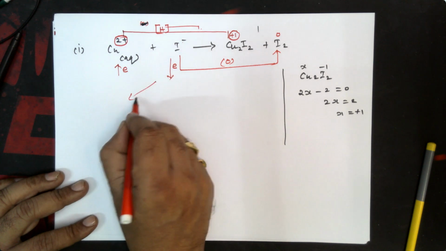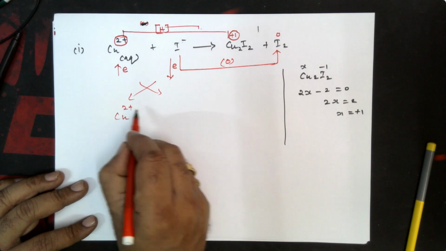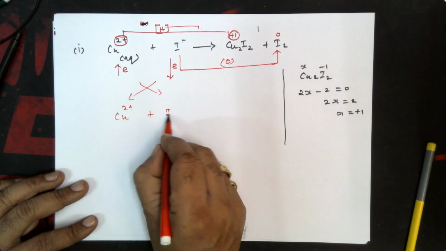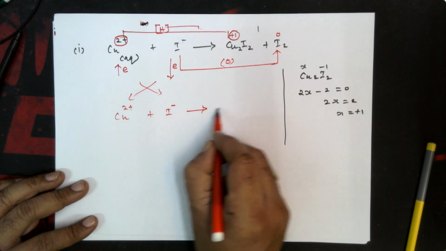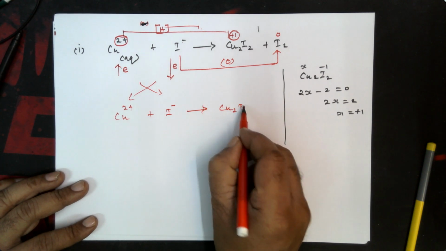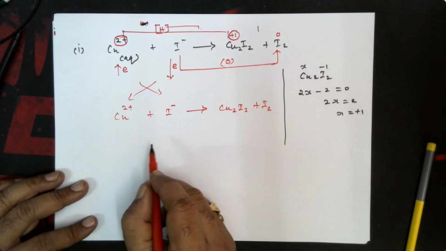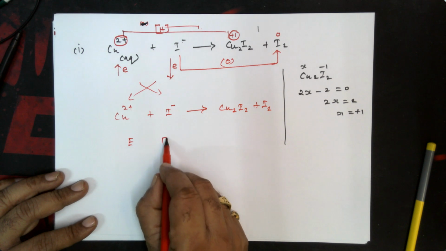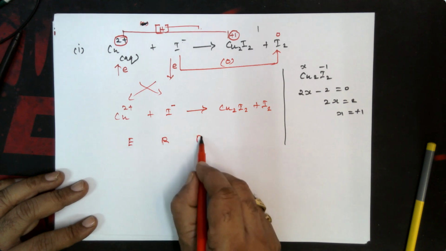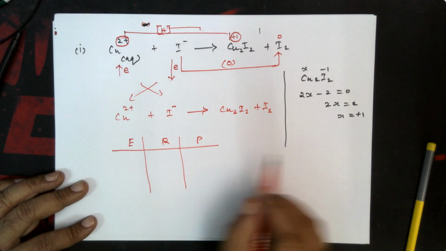So you can exchange and nothing will happen. So you can simply write Cu2 plus plus I minus, that gives Cu2I2 plus I2. Now you can adopt the element by element method, reactant and product. This is the way you have to balance the reaction.